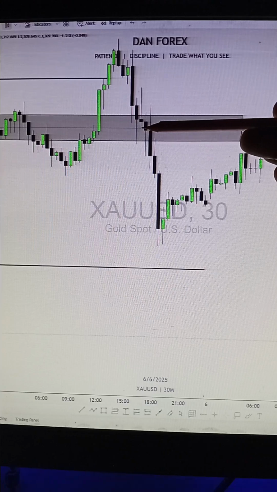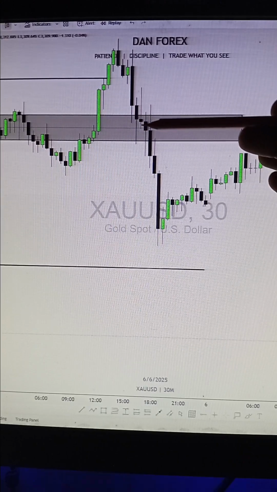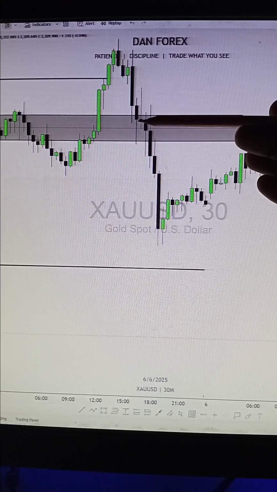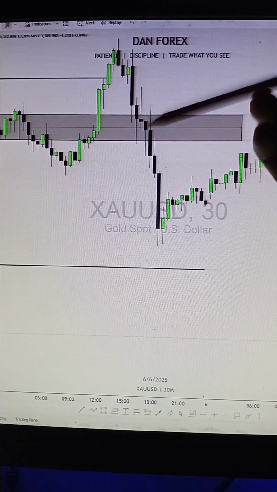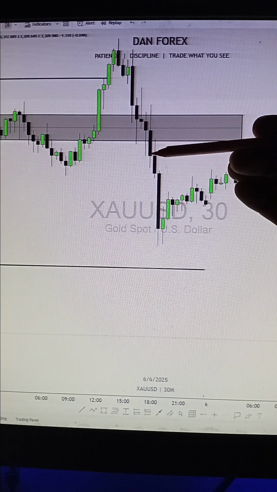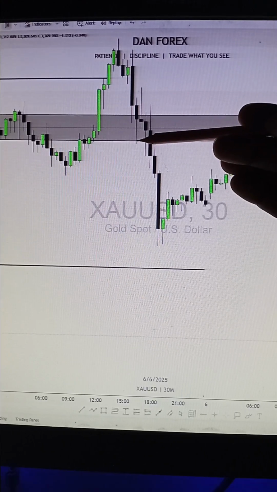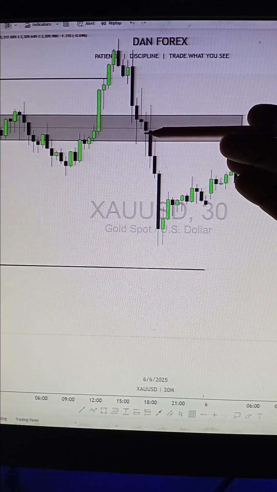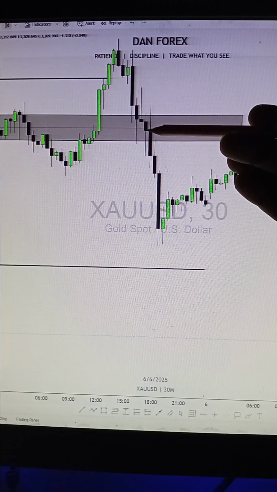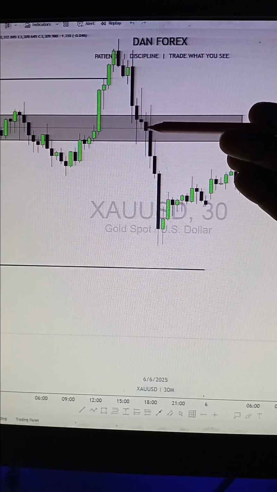So this is just a bit of consolidation going on around here. This is a build-up of orders. Remember, this candle also went above, sweeping the high of this candle, and this candle, which swept the high, took the low of this candle but closed inside the range of this candle.